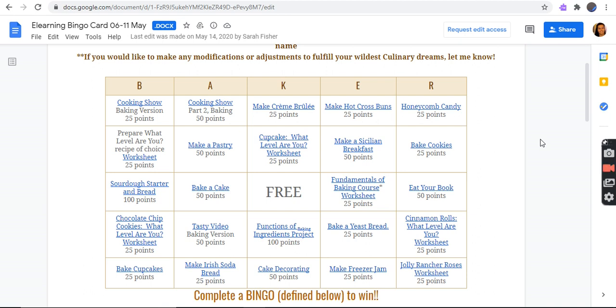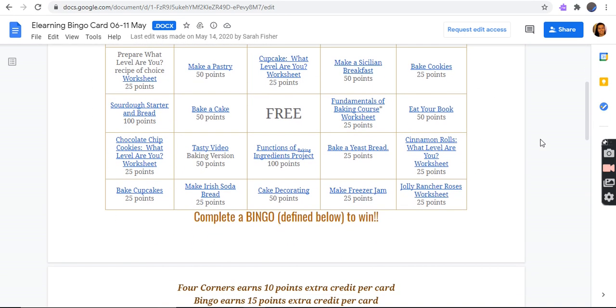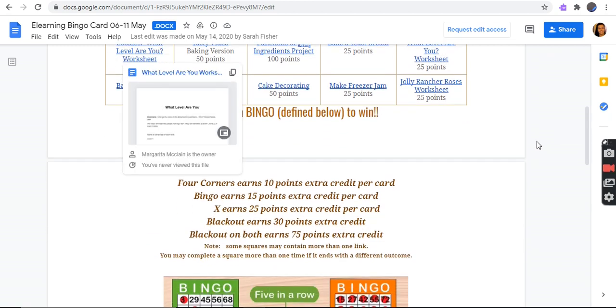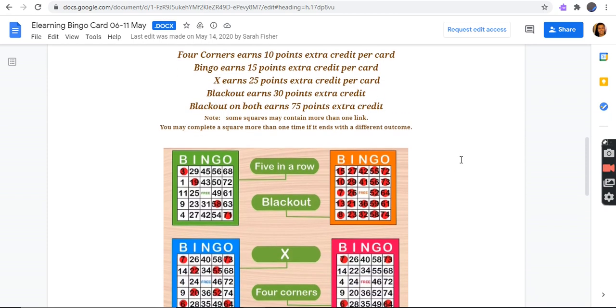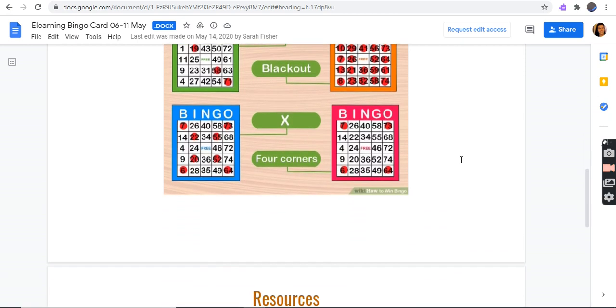Sourdough starter and bread. Bake a cake. Fundamentals of baking course worksheet. Eat your book. Chocolate chip cookies. Tasty video. Functions of the ingredients project. Bake a yeast bread. Cinnamon rolls. Jolly Rancher raisins worksheet. Make freezer jam. Cake decorating. Make Irish soda bread. Bake cupcakes. Complete a bingo. Like I said, some squares may contain more than one link. You may complete a square more than one time if it ends with a different outcome.